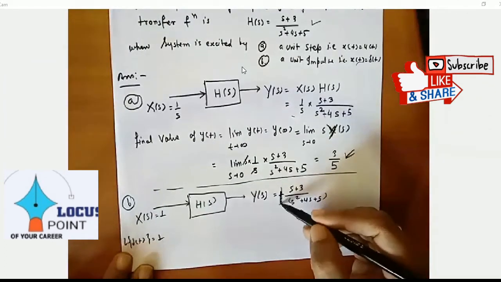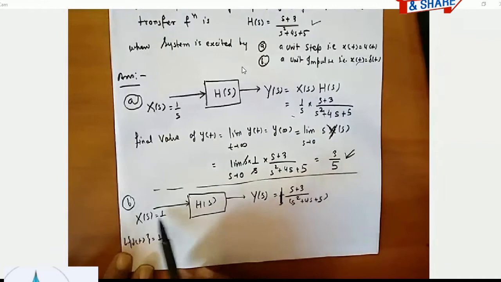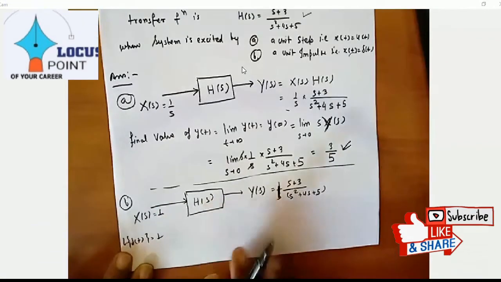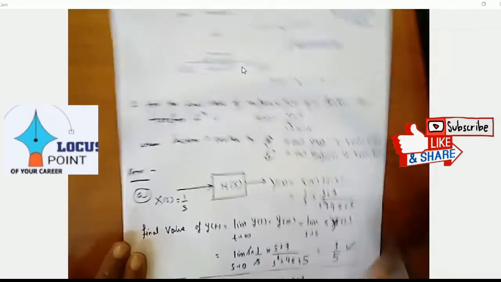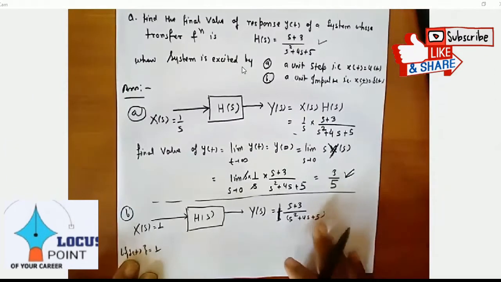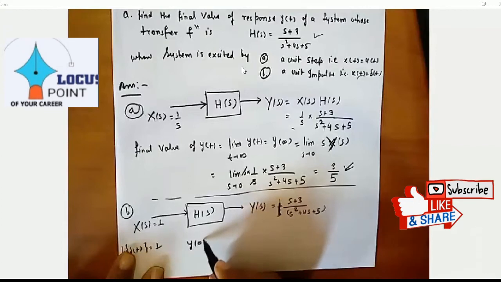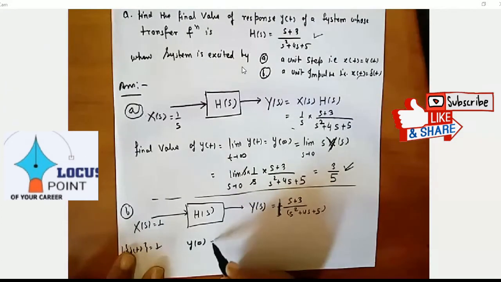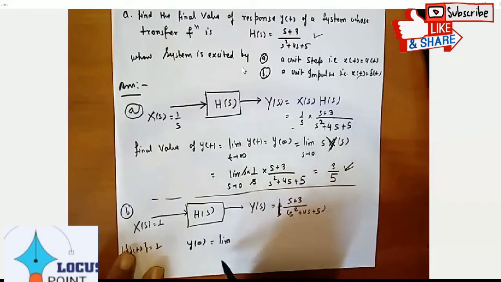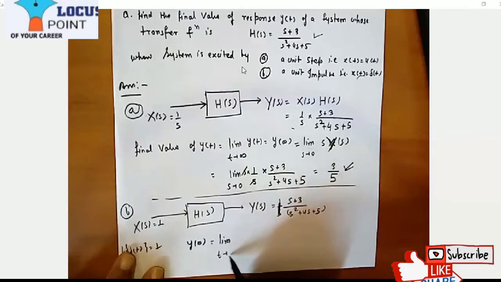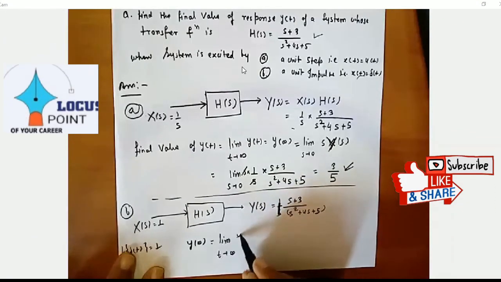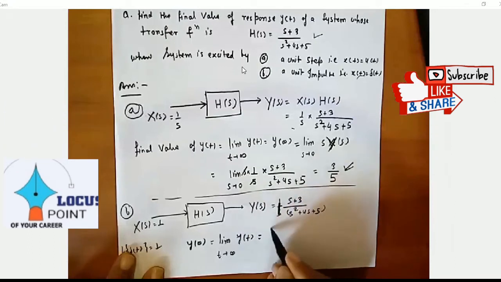Clear? No, 1 upon s we will not multiply, because this is 1 and this is H(s), and H(s) is given as (s plus 3) over the quadratic. So what is y infinity, or what is the limit t tends to infinity y(t)?